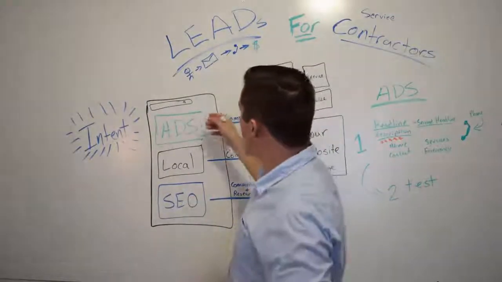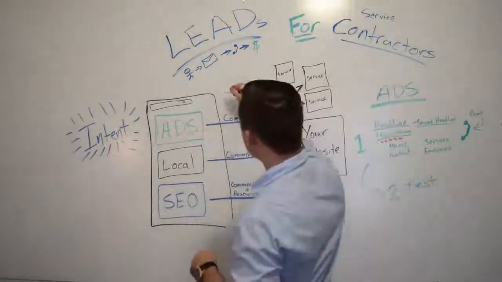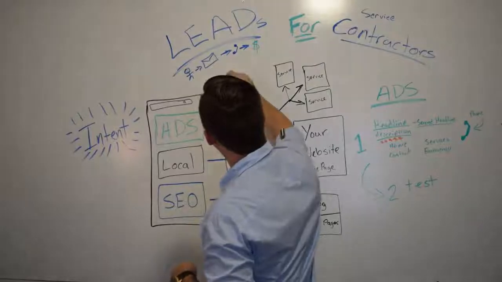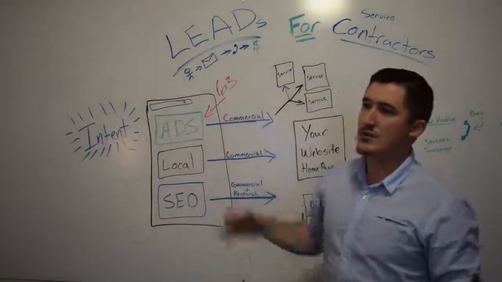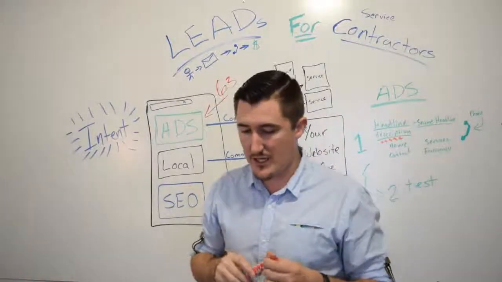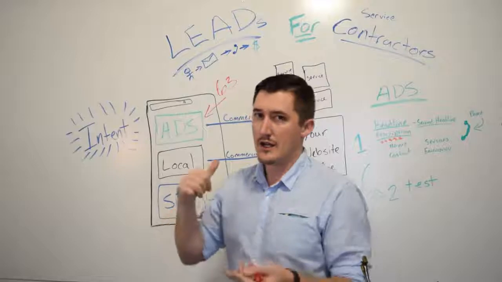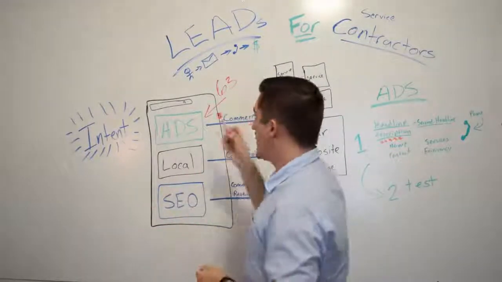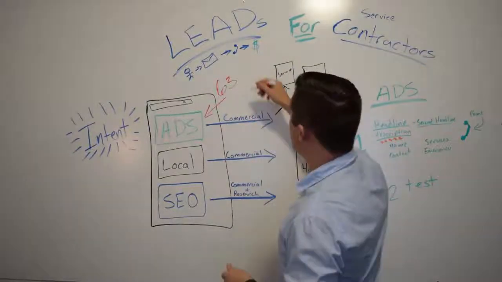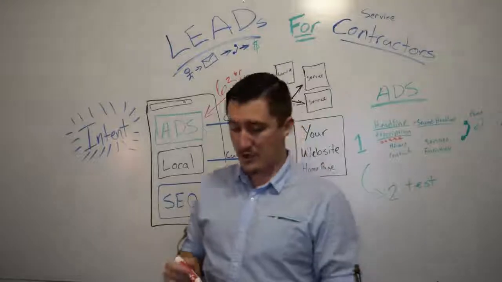And so they say that high commercial intent keywords are clicked through at 63%. So 63% of people that are typing in that they need a service or a product, and it's just that search term plus a city, are clicking through on ads, according to a couple of studies done.